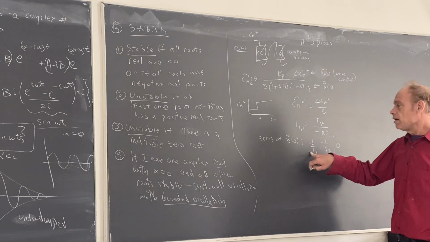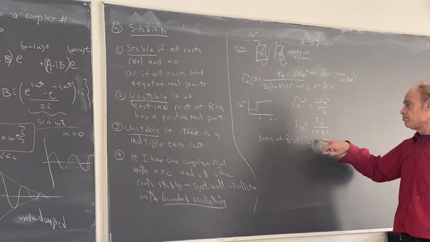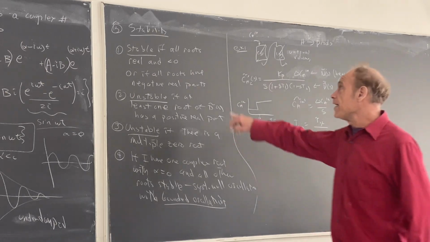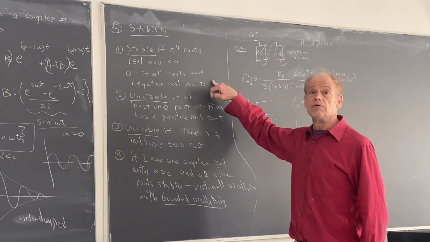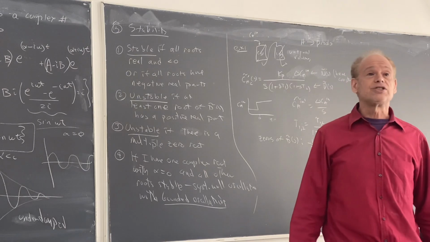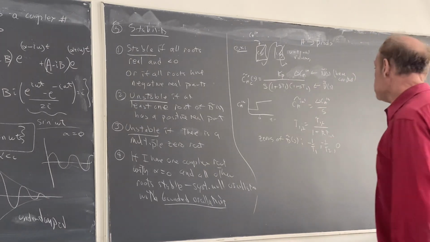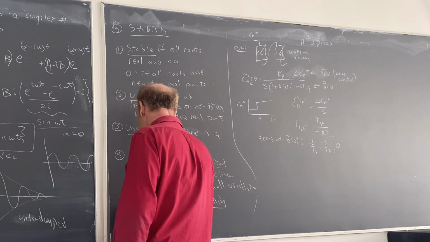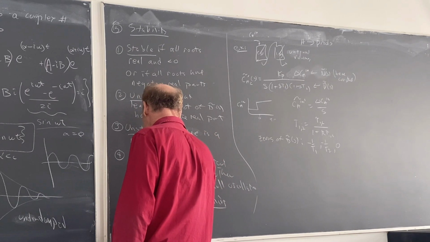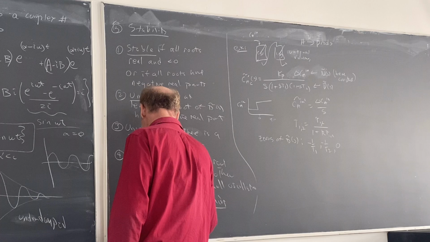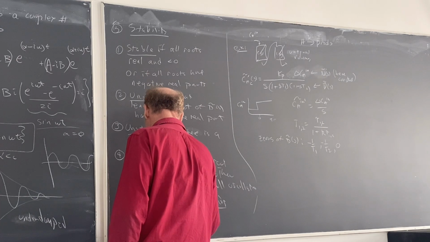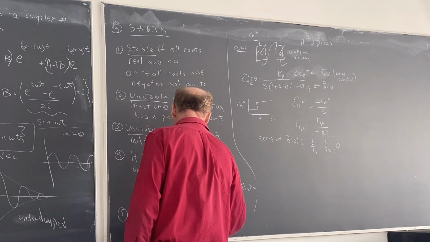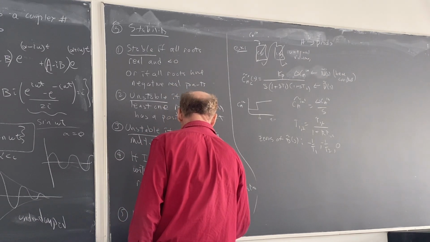I've got a negative, both real, and 0. So it's almost stable. The only thing is, all roots negative, except one that's 0.